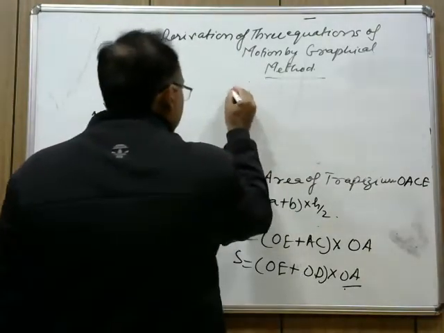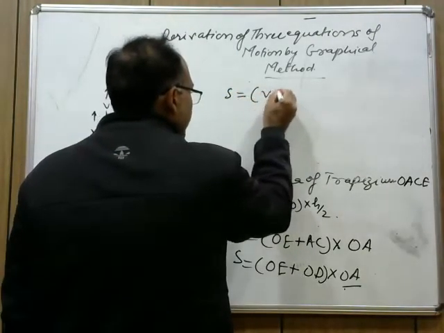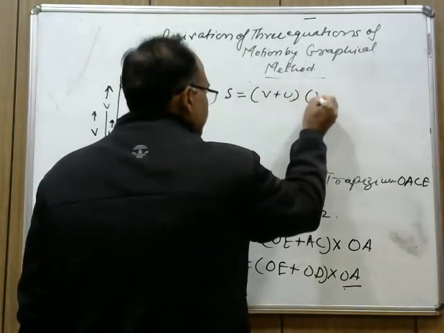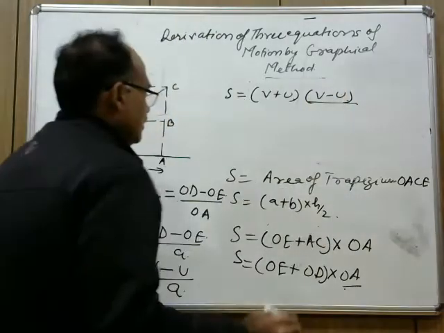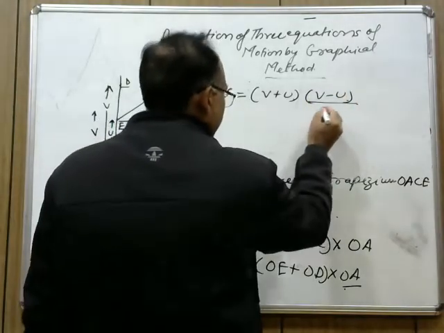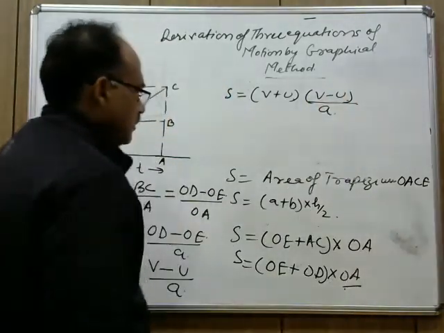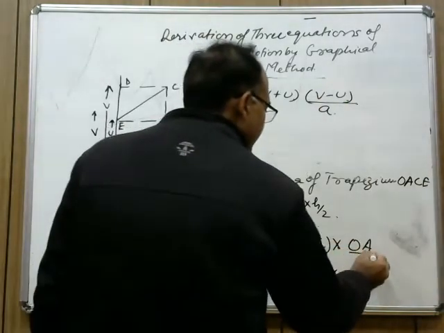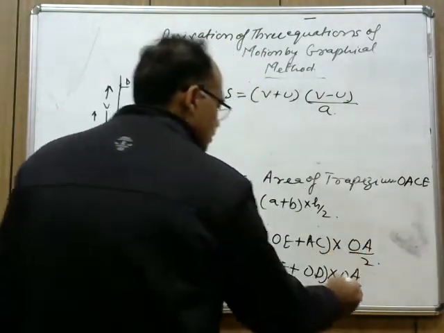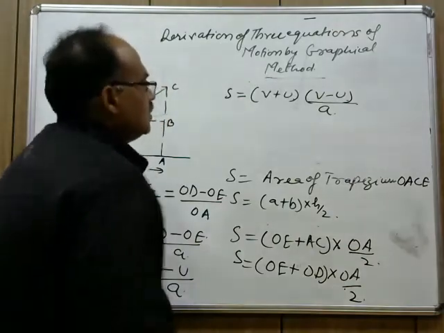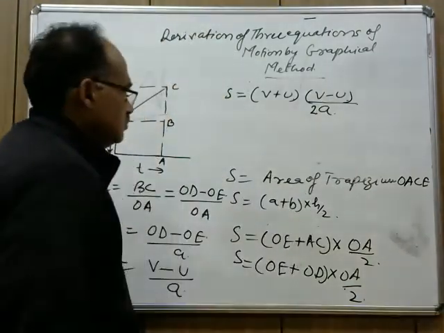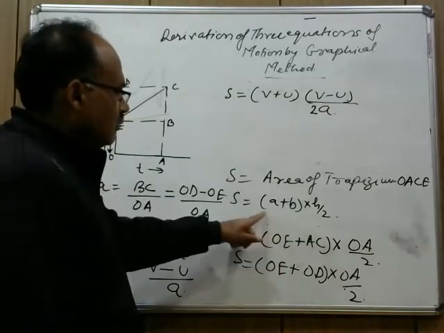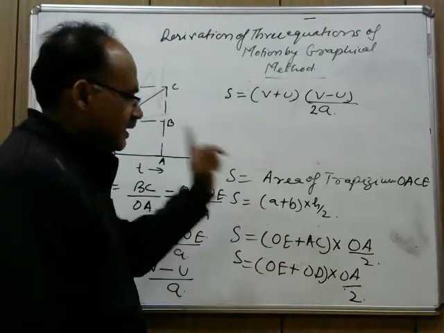Now S is equal to (V plus U) into (V minus U) upon A, into 1 by 2. This 2 comes from the formula 1 by 2 H (A plus B).